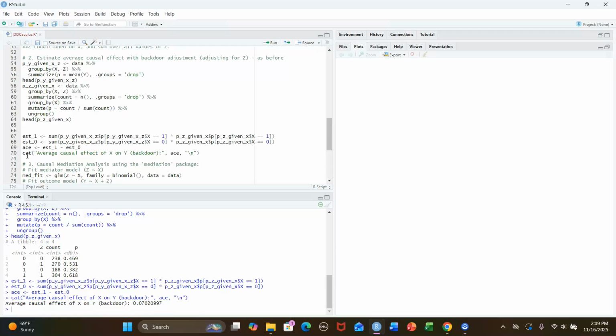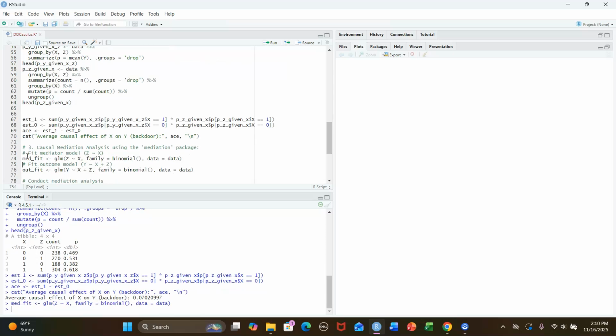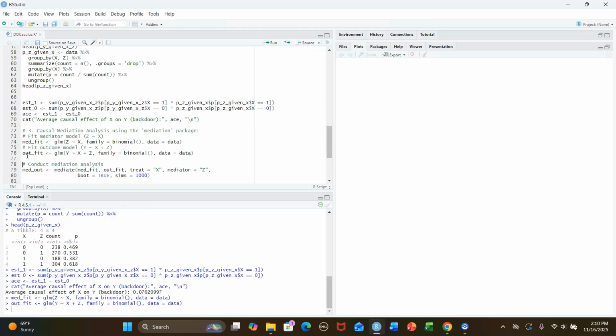Okay. And then we can actually do the causal analysis using the mediation package. So first we can fit the mediator model. So we have a path from X to Z. We fit that. Since both are binomial, binary, we use the logistic regression. Okay, and for the outcome, Y regressed on X and Z, also use the logistic regression.